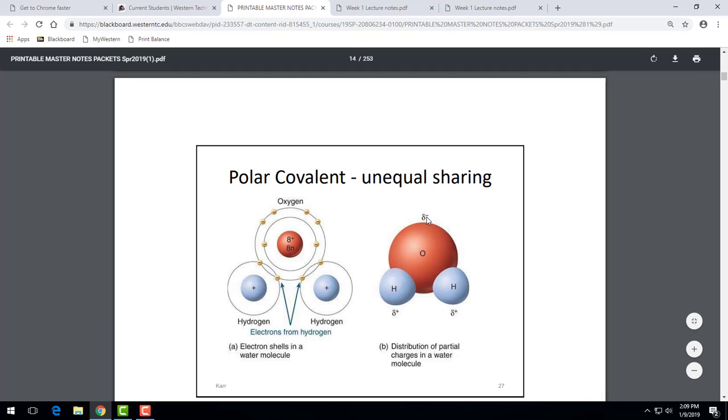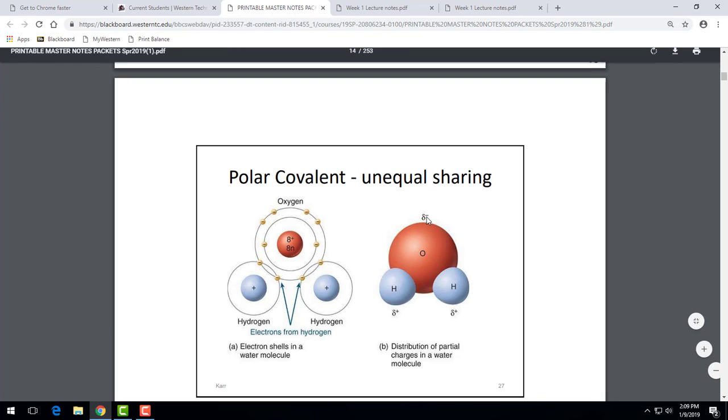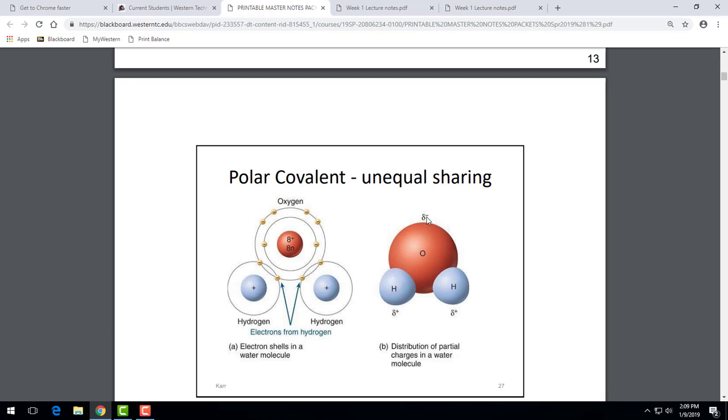I think. With the negative sign, it means it's pulling those negatively charged electrons a little closer to its nucleus compared to the hydrogen atoms that are losing those electrons, and they're being pulled away, so they're losing a little negativity of those electrons, so they're slightly positively charged. So we call this a polar covalent bond because we're still sharing electrons, but the electrons are being pulled a little closer to oxygen than hydrogen.